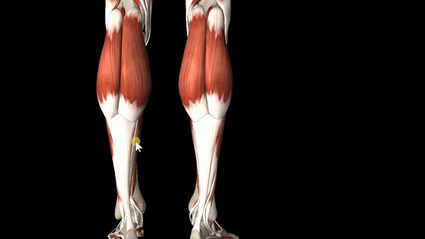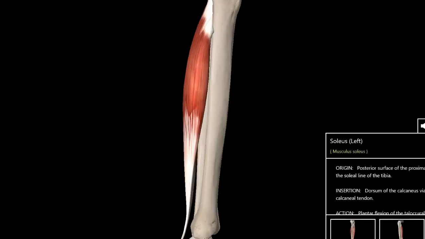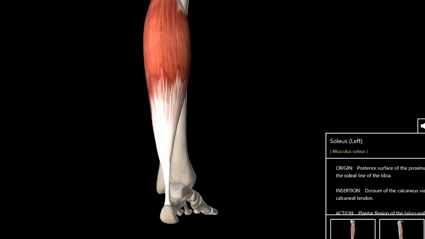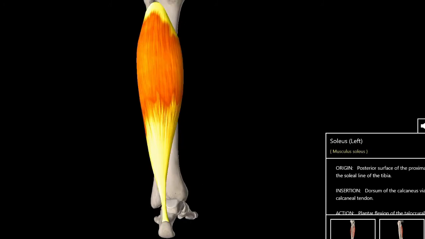Underneath the gastroc, we have a muscle that's very similar, and that is the soleus muscle. It has its origin on the proximal area of the fibula and the tibia.